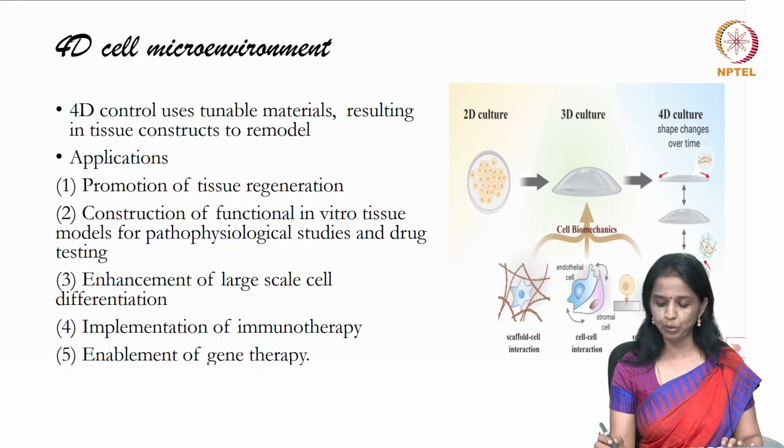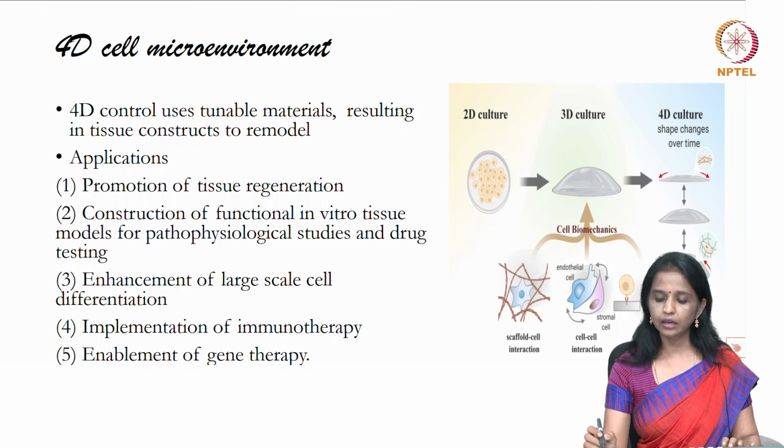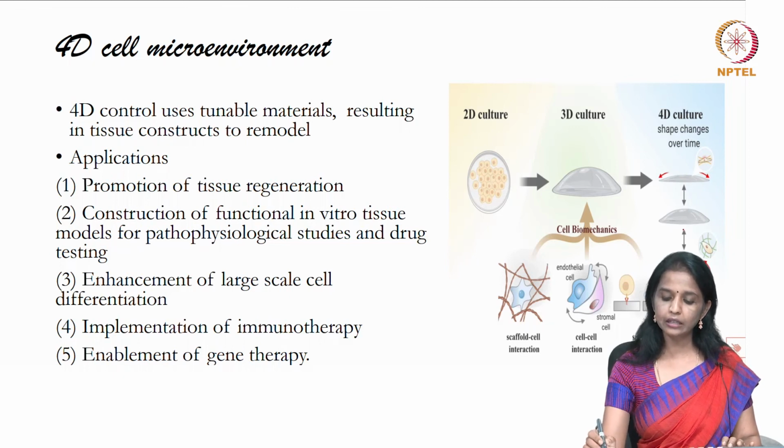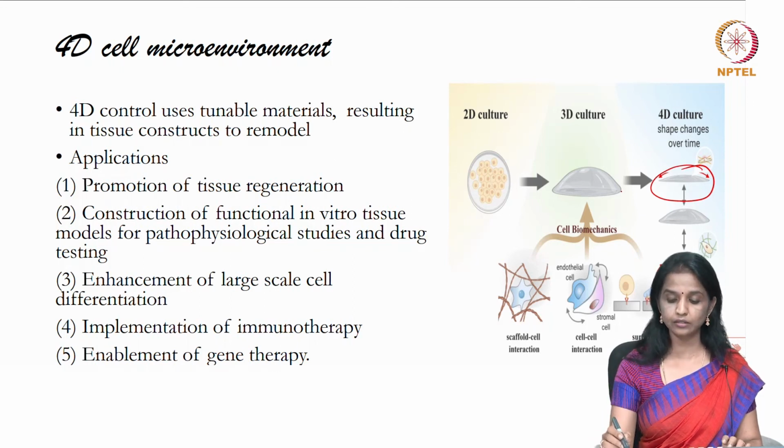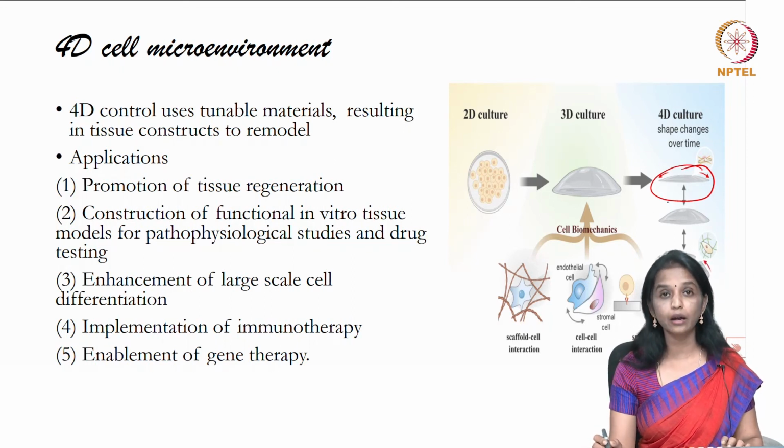It's a simple difference which you have to remember. There is an alteration in the physical stimuli which is given through the cell microenvironment. That is the major difference between a 3D and a 4D culture. The biophysical cues in the 3D culture system make the entire artificial organ more tunable.